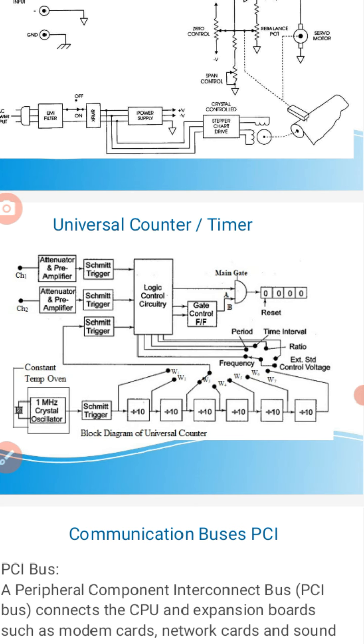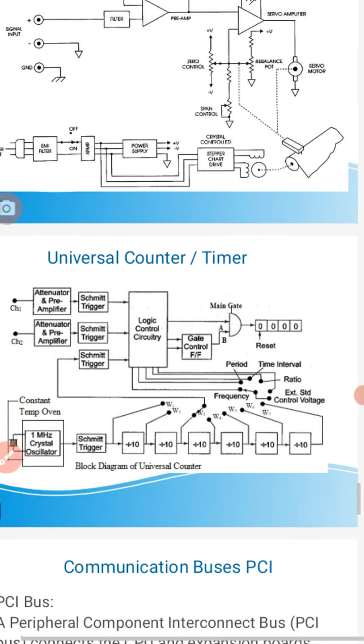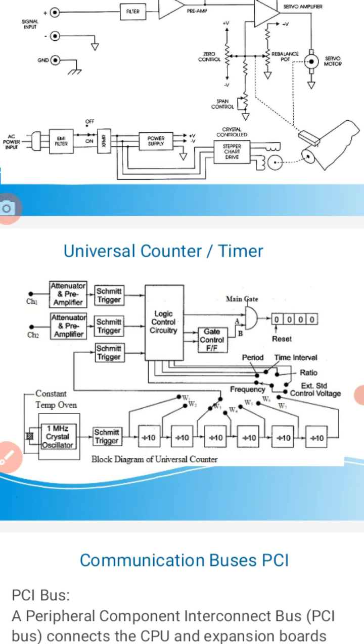The time-based selector switch is selected to the appropriate range. The time-based pulses are given to the Schmitt trigger, from where they reach the gate control flip-flop. The first time-based pulse triggers the gate control flip-flop and its output goes high.